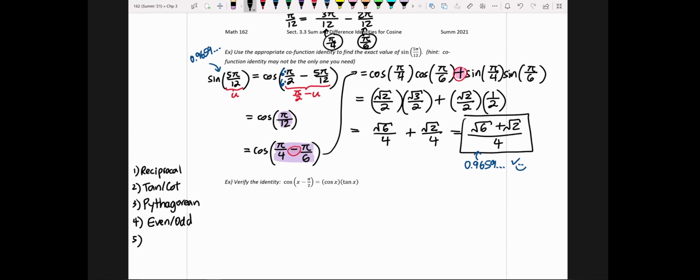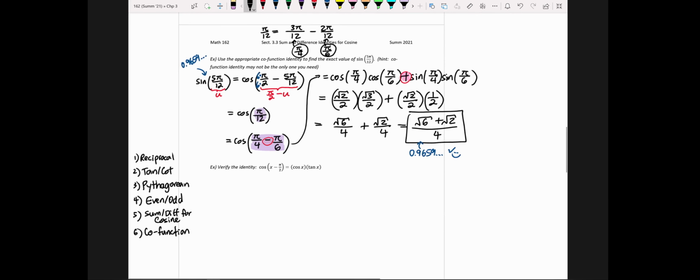We've added to the list today sum and difference for cosine and cofunction. So now we have 6 groups of identities in our toolbox. By the end of the lesson tomorrow, we'll have all 10, but right now we have 6.